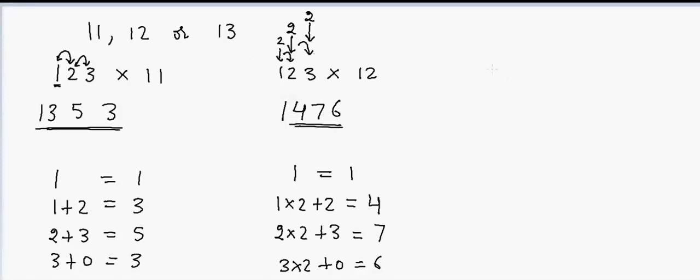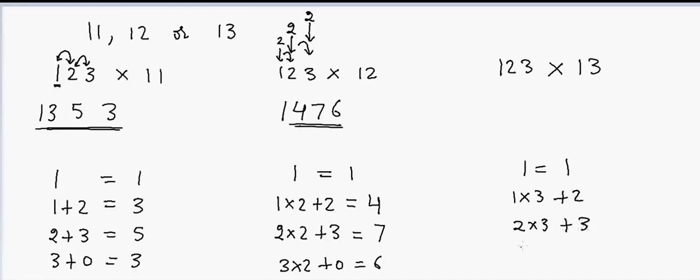So let's go to another example and multiply by 13. If I have 123 and I want to multiply by 13, I'll do it the same way. The first digit will be equal to the first digit, the second will be 1 into 3 plus 2, the third will be 2 into 3 plus 3, and then we have 3 into 3 plus 0. If you look here, I multiplied all the numbers by 3.